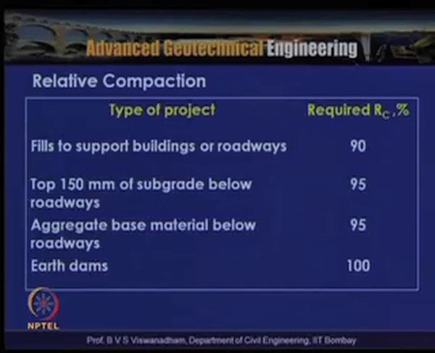The top 150 mm of subgrade below roadways should have 95% compaction, and aggregate base material below roadways has to achieve 95%. In earthen dams, 100% has to be ensured so that there will not be any seepage or distress due to settlements. The different relative compaction threshold limits required are given in this slide.